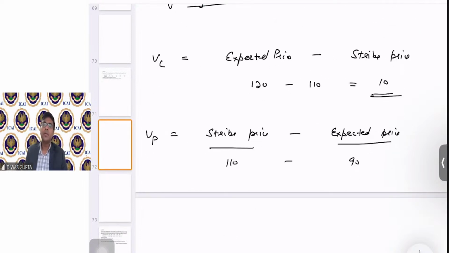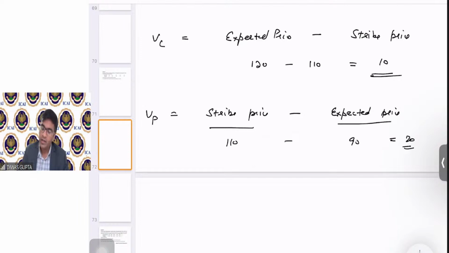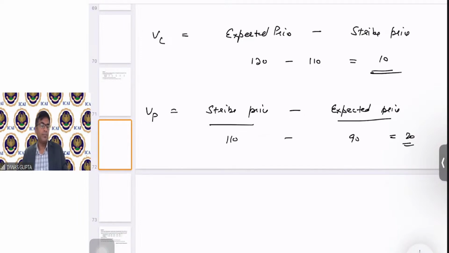So this will be the value of the put. I'm just taking an example here, which is 20 rupees, students. So the strike price would be higher, and if the expected price goes below the strike price, then only the value of the put will come into play.